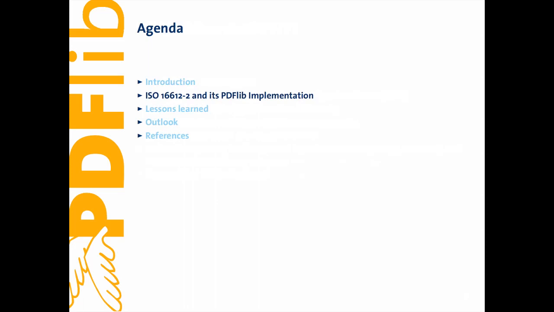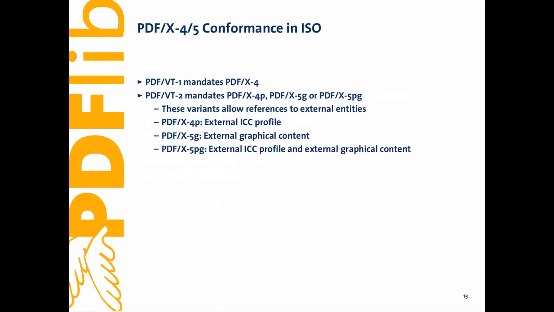So now I have the next chapter, which will show slides about what's in the PDF-VT standard and how we implemented that in PDFlib then. Duff talked in detail about the correspondence of the two PDF-VT levels and the PDF/X standards.